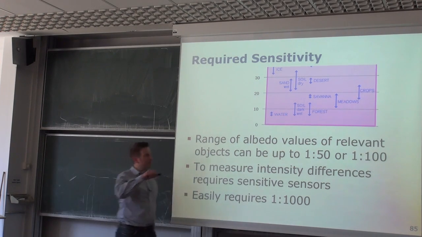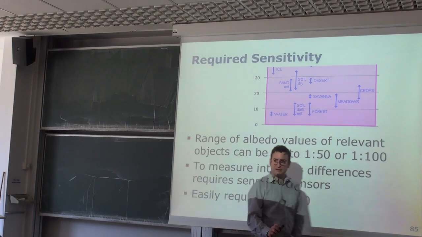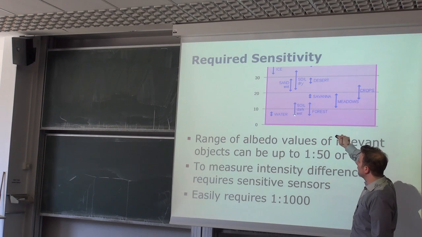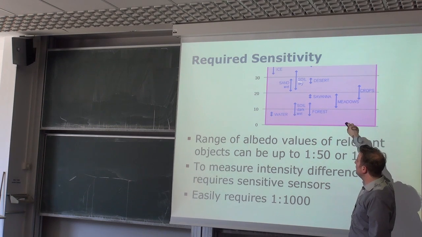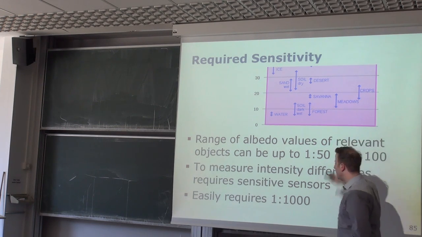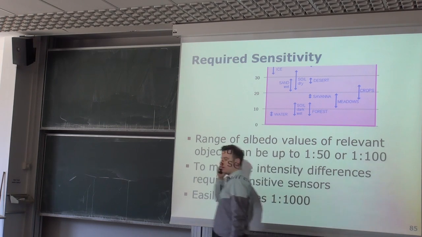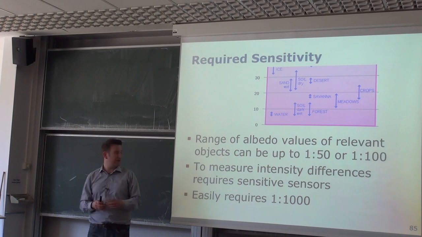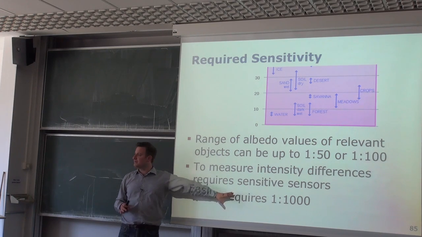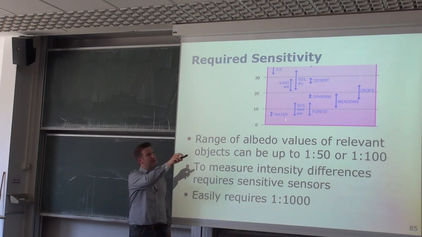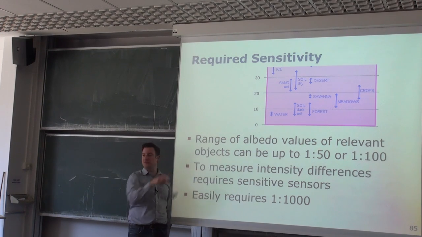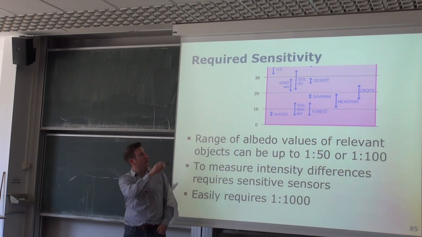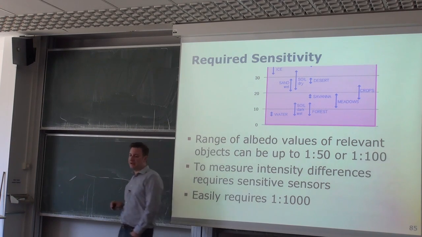And the important thing to know is, if we take into account the incoming light and we want to see certain contrasts, so differences of materials down here as well as materials down here, I easily require a large number of different intensity values that I can map. So if I can distinguish 1,000 different intensity values, I may be able to see differences within the forest or, at the same point in time, within ice.